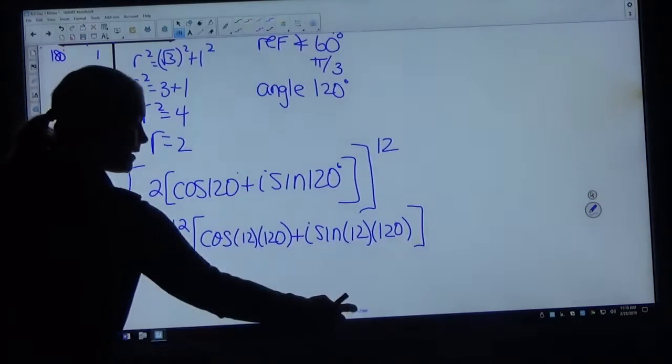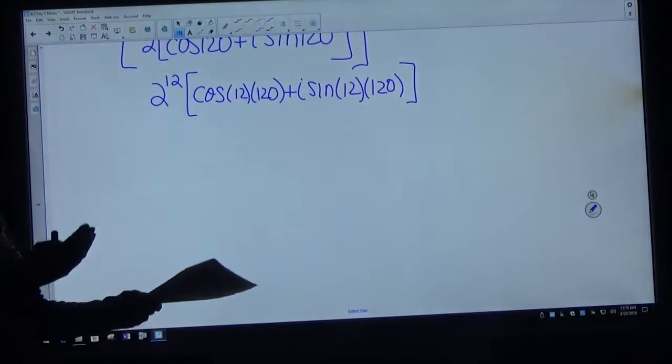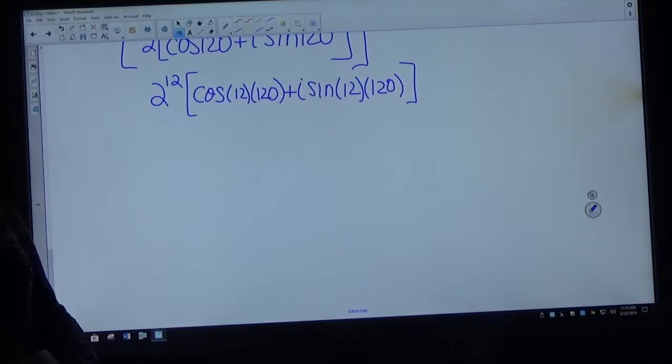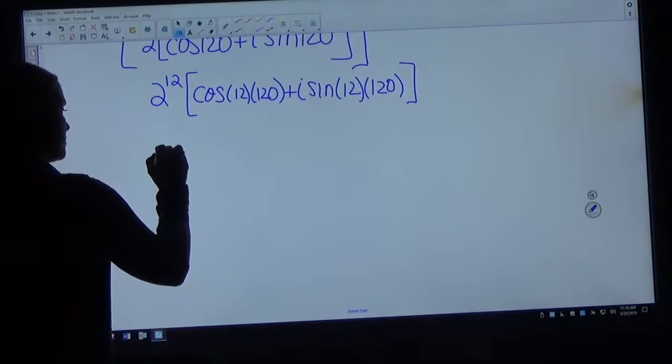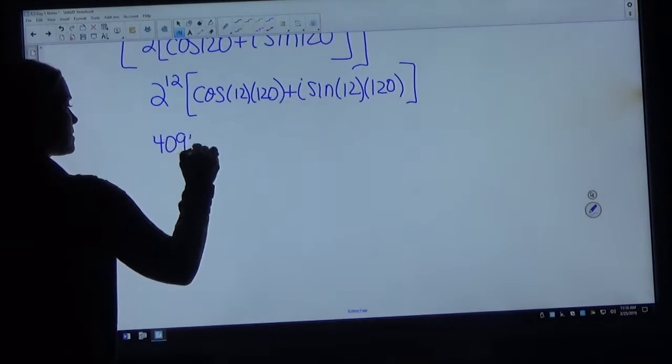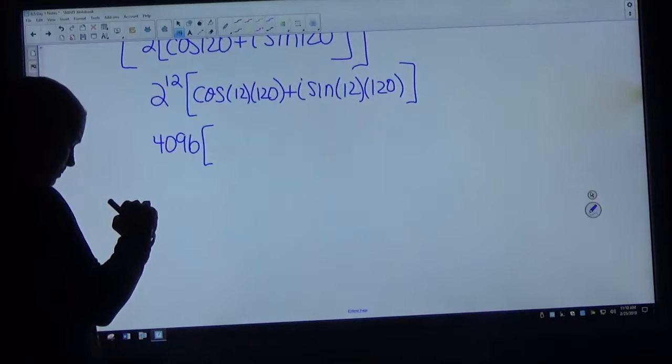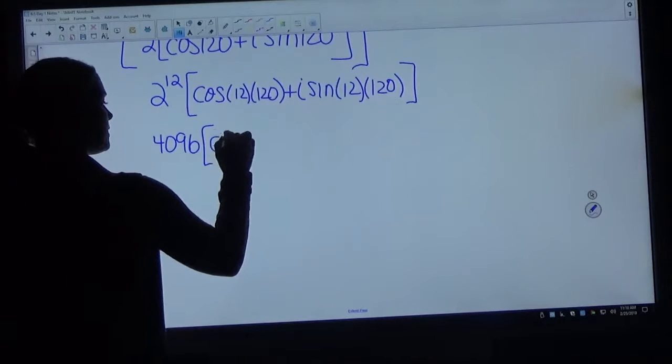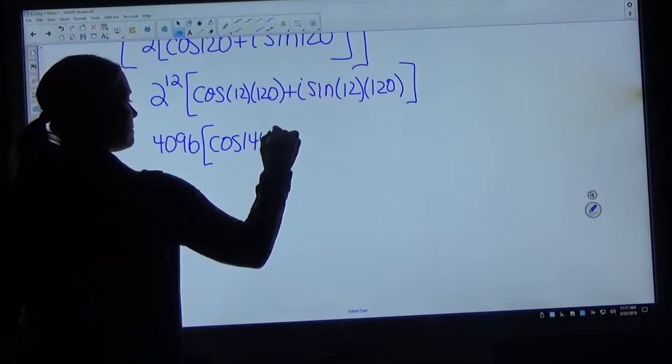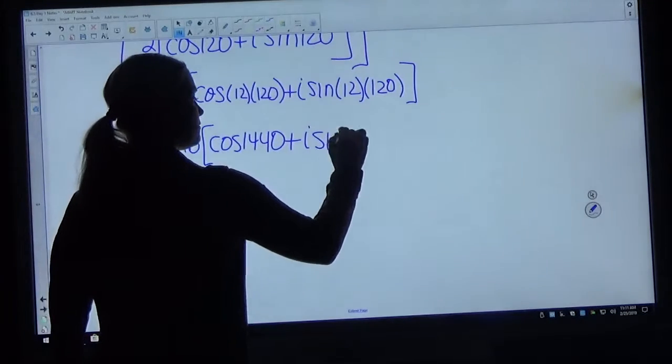And now I'm going to evaluate that. Once I evaluate it and get it back to a plus bi form, I found my answer. Way less steps than multiplying that out 12 times. So 2 to the 12th is 4,096. When I multiply 12 by 120, I'm going to get the cosine of 1440 plus i sine 1440.